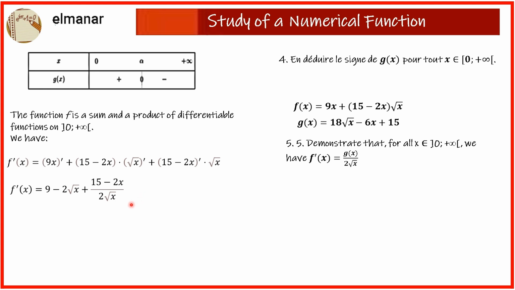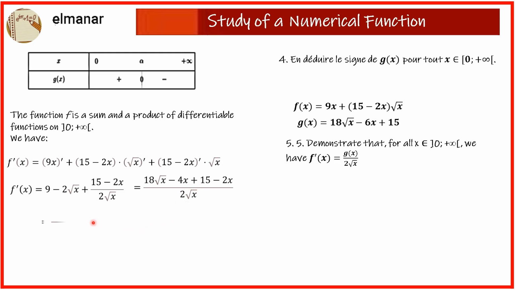After placing all terms over a common denominator, this expression becomes 18 times the square root of x minus 4 times x plus 15 minus 2 times x, all divided by 2 times the square root of x.